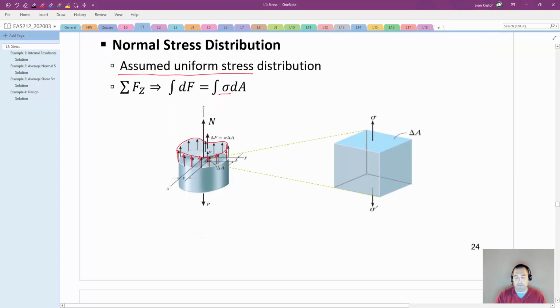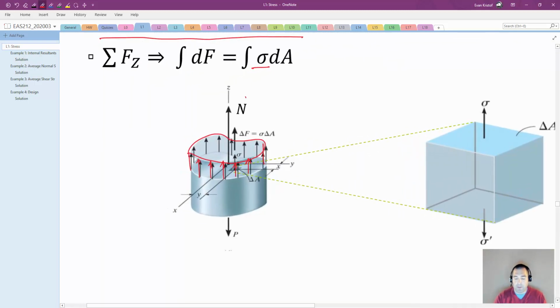So you can think of this normal force acting on the cross section as equal to the normal stress, well, think of it a couple of different ways. Think of it as the volume of this shape, where the height is sigma and the base is the area of our cross section.